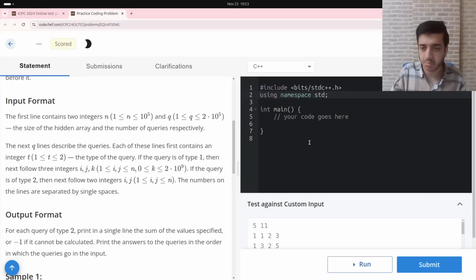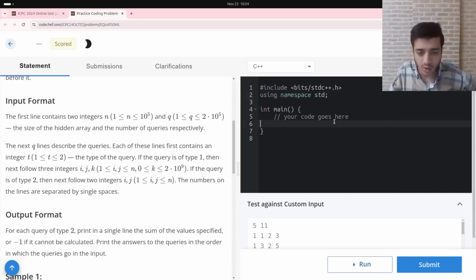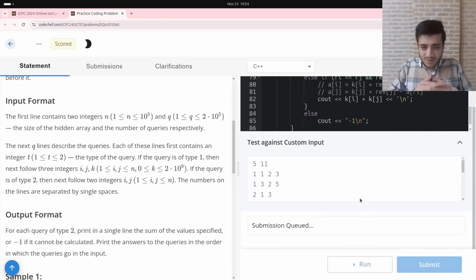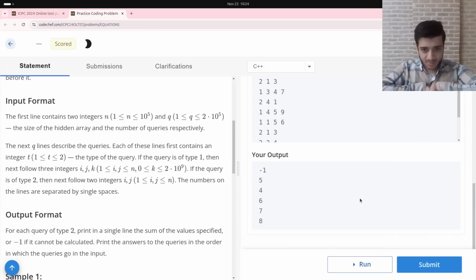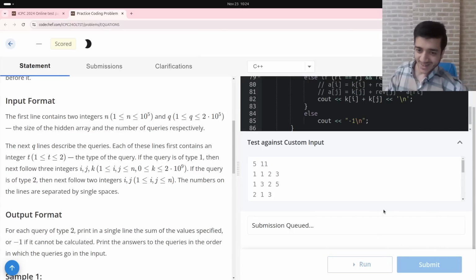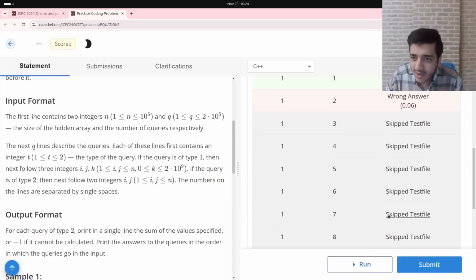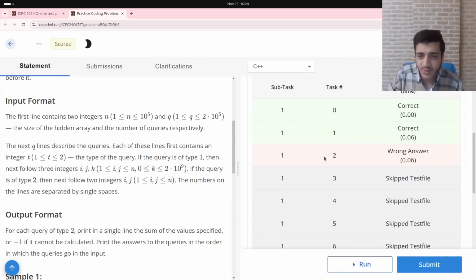That's a very big code full of equations. Also, I hope that it gets accepted. No, it failed on the second test case.